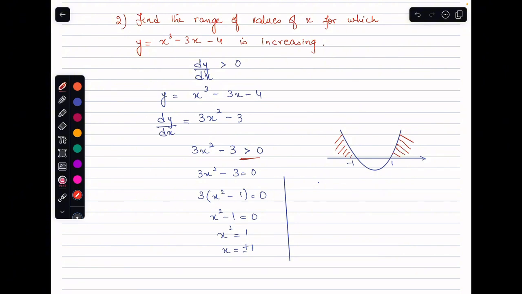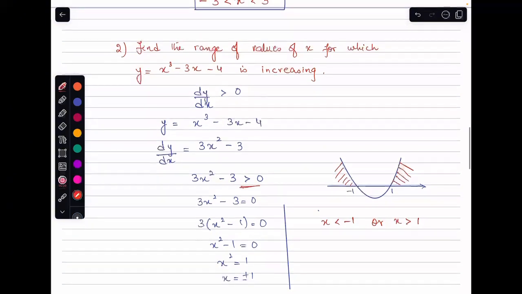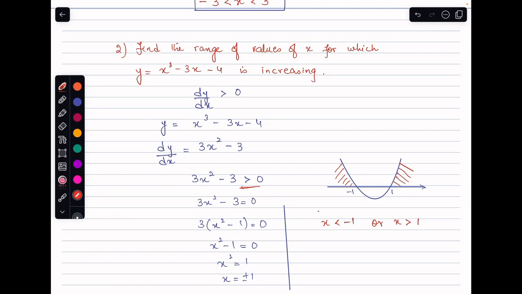This gradient needs to be greater than 0, and this is only possible if our x is less than negative 1 or x is greater than 1. So all the gradient values come out positive if x is less than negative 1 or if x is greater than 1. So this is the range of values of x for which your y function is an increasing function.